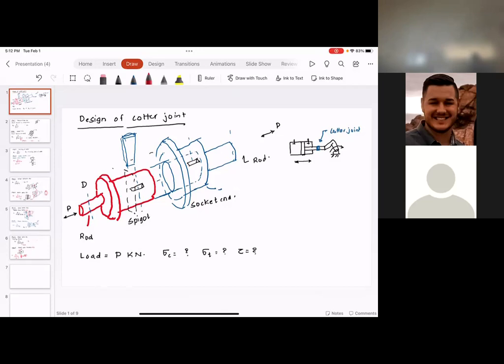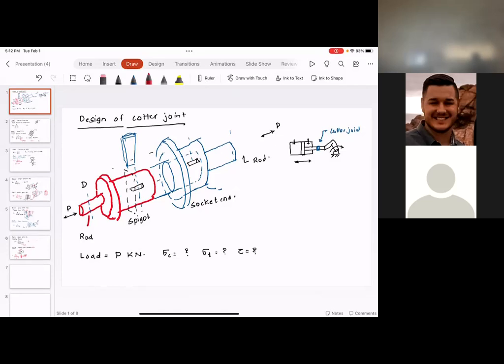The reason for that is they did a lot of experiments and testing and empirical evidence, and they came up with the dimensions just to make sure that that cotter joint is safe. But as engineers, even though we know these proportions work, we have to check those answers. So if you follow some design data books, they would ask you to find out the diameter of the rod.